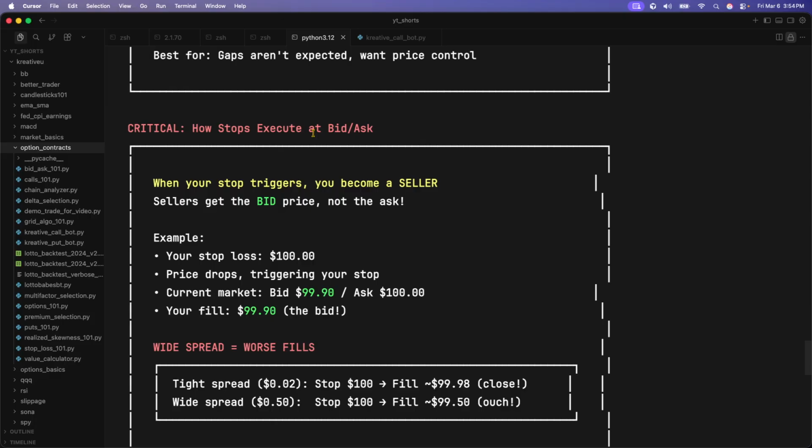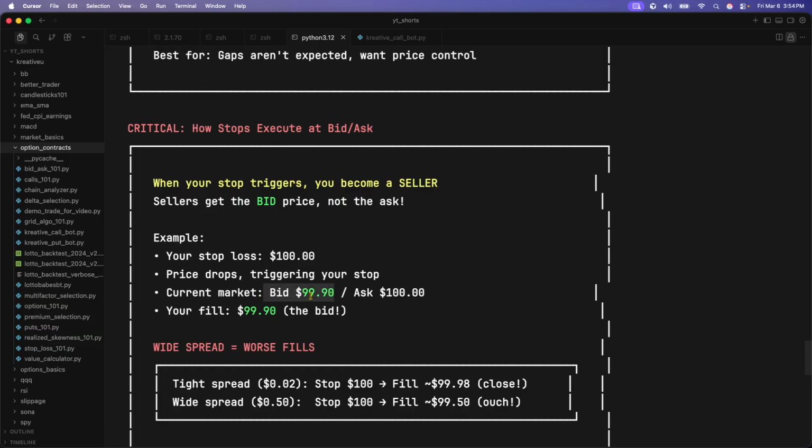So when you trigger a stop loss, you become a seller, so sellers get the bid price, not the ask price. For example, your stop loss is at $100, price drops, triggering your stop loss. It's going to be a market order because you want to guarantee the exit, not really the price. You're thinking it's going to go a little bit lower.